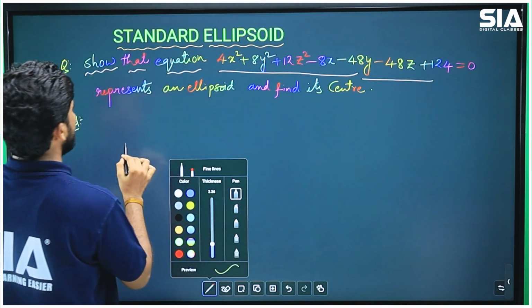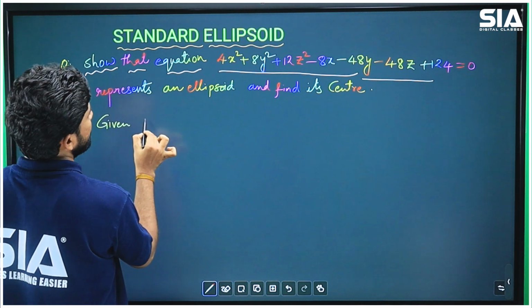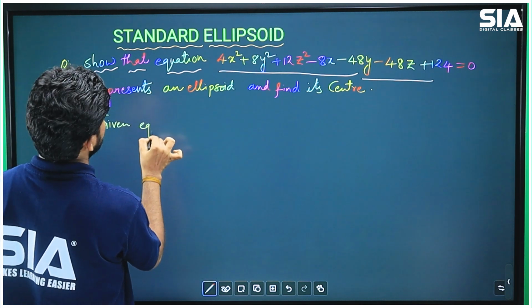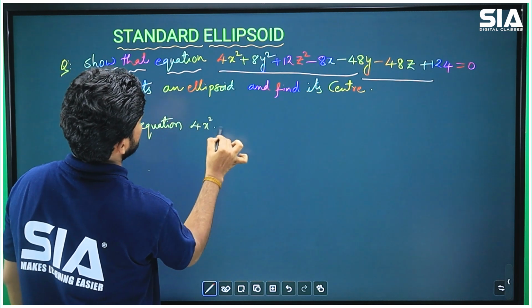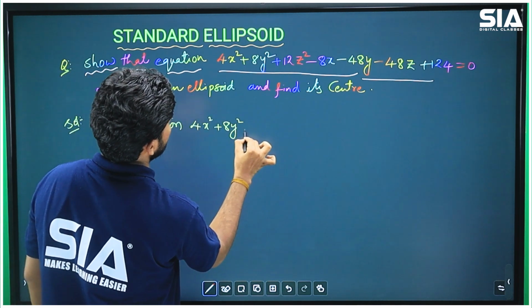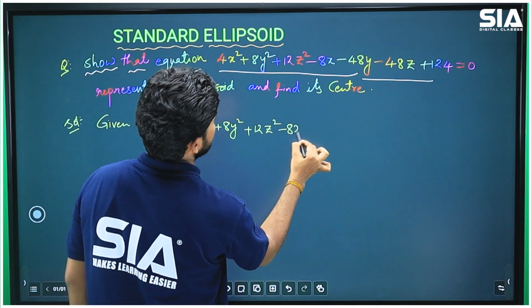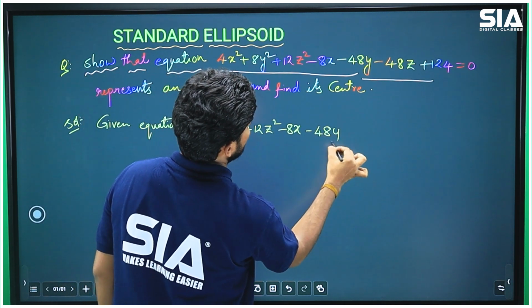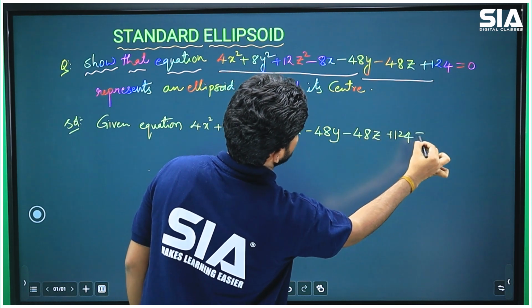So first of all, I am writing the given equation: 4x square plus 8y square plus 12z square minus 8x minus 48y minus 48z plus 124 is equal to 0.